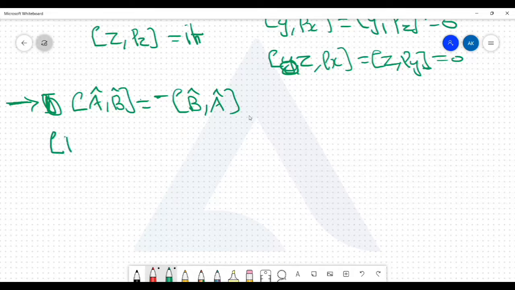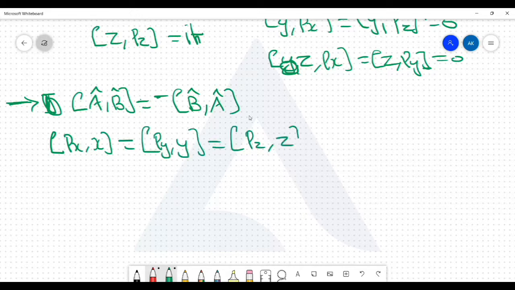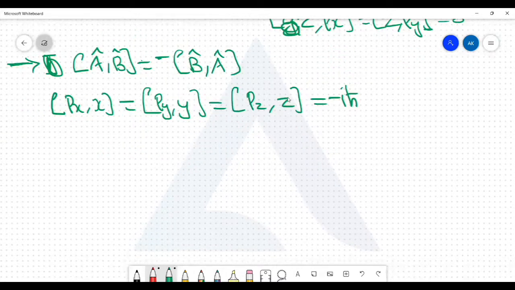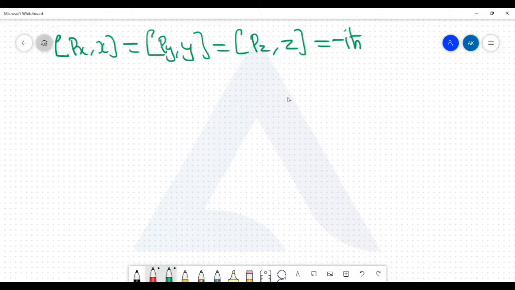Therefore, we have [px, x] equal to [py, y] equal to [pz, z], and these equal minus i h cross. If order is reversed, there will be a negative sign. That is one of the properties. Once we deal with the properties, we will introduce it again.